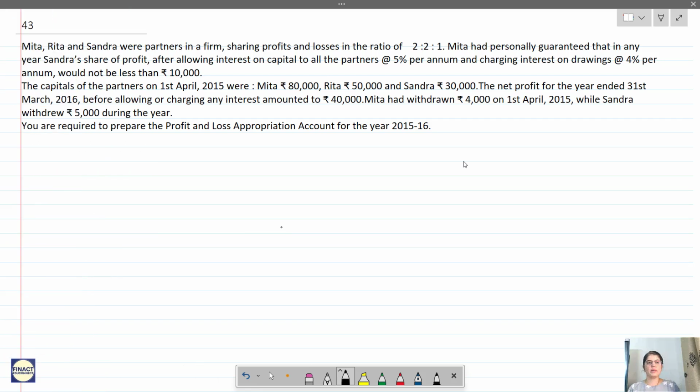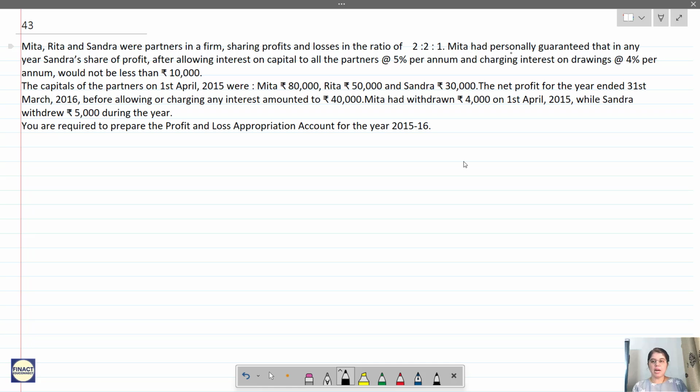So question number 43. Let us read it. Meeta, Rita and Sandra were the partners in the firm, sharing profits and losses in the ratio of 2:2:1.